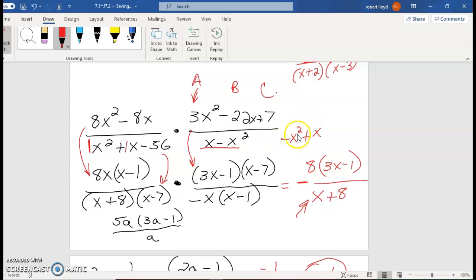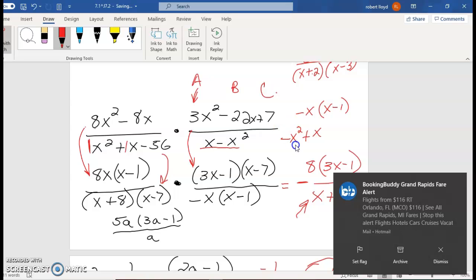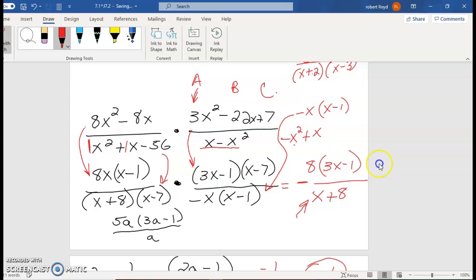So that would be negative x squared plus x. Then we factor out a negative x, and that would leave x minus 1. So if we distributed this back, we'd be right where we were. If we reverse the order, we'd be where the denominator was to start with. So this is going to go for our denominator here.